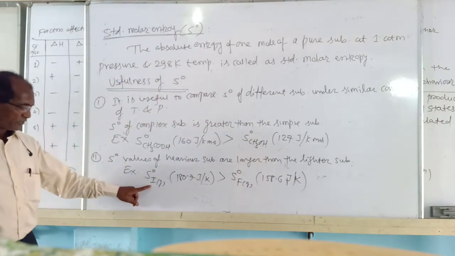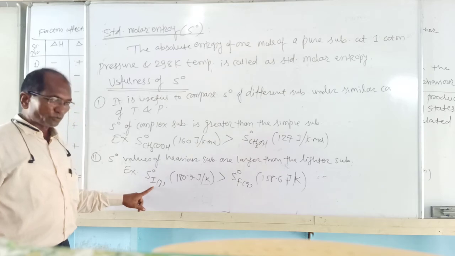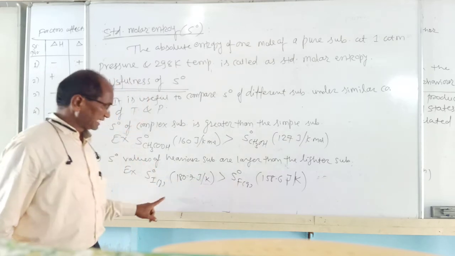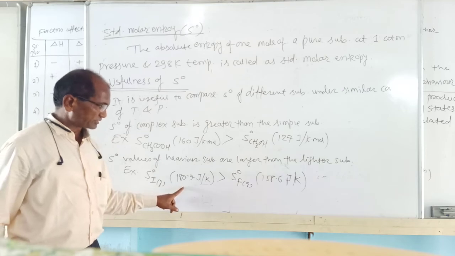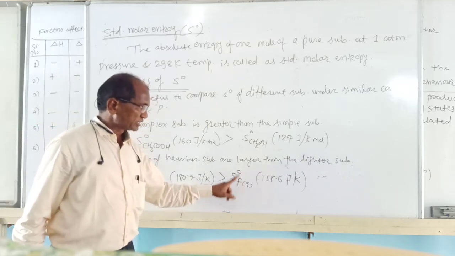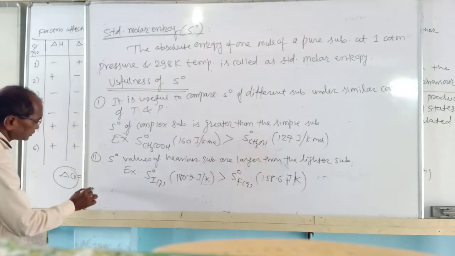Here, iodine is heavier than fluorine. Iodine is 131 gram and fluorine is 19 gram. For a heavier substance, the standard molar entropy is higher, and for a lighter substance, its standard molar entropy is lower.